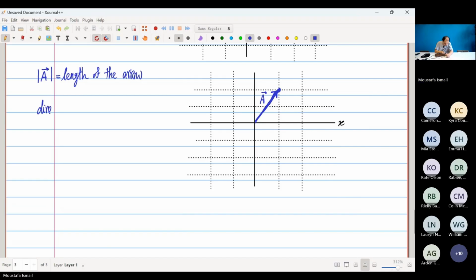Direction is the angle, theta, the angle it makes with the positive x-axis, counterclockwise.